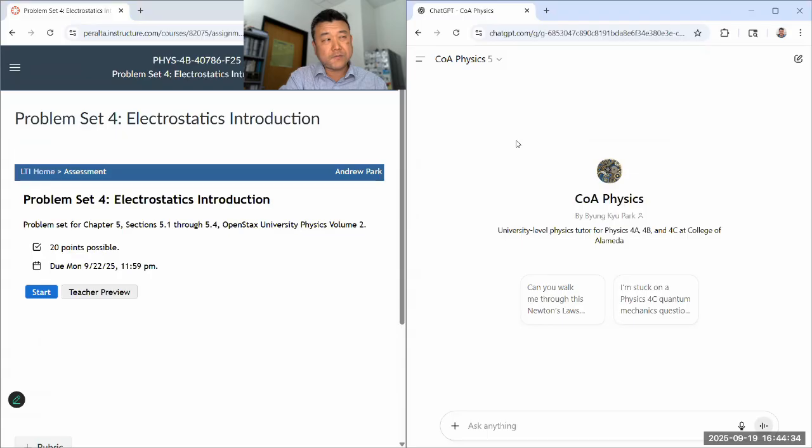Because otherwise, with the vanilla ChatGPT, I guess now you can use the learn and study mode, and it will be kind of conditioned in a way where it acts as a better tutor. But I think I showed the last time that one advantage that CoA Physics GPT has over OpenAI's own is that it's much better supported, so this knows your exact class material.